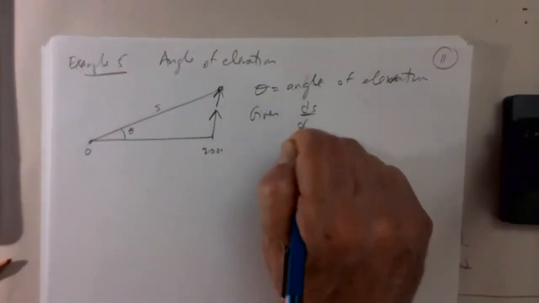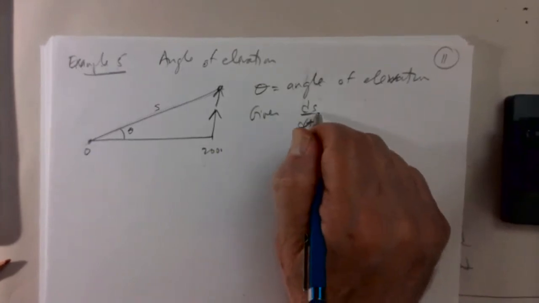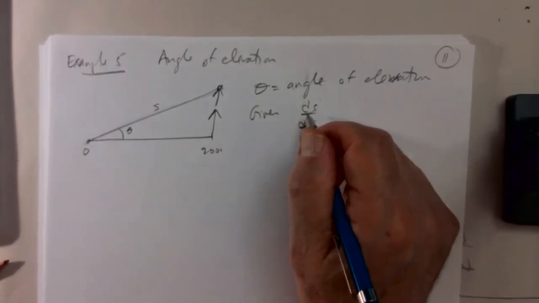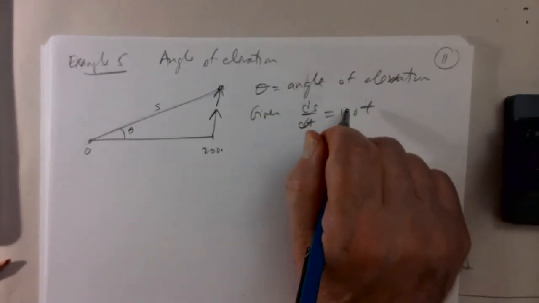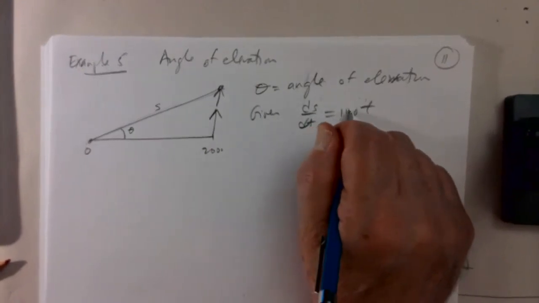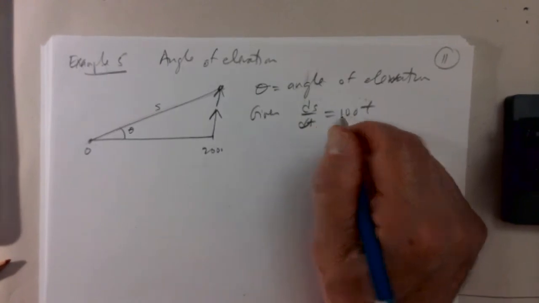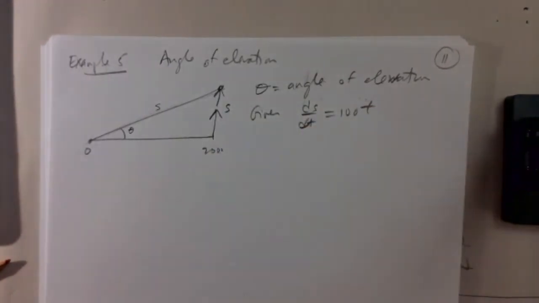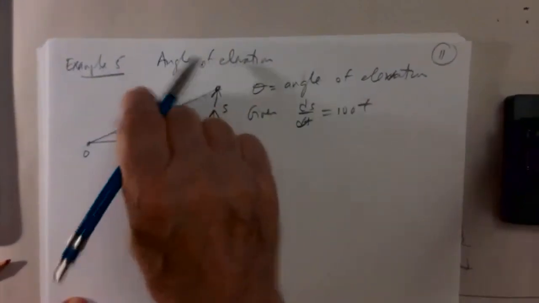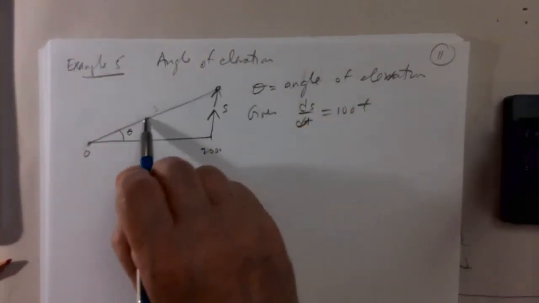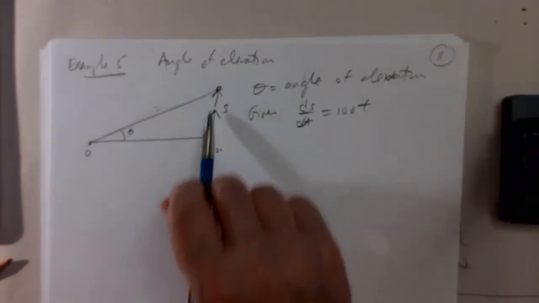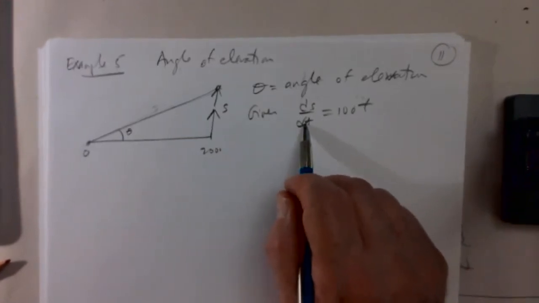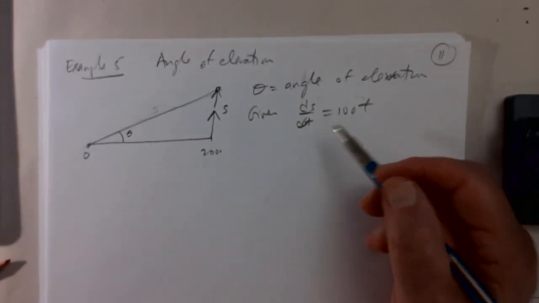Sorry, the height of the rocket is s. That's what we're doing. So the rocket is shooting up into space. At time t, its height is s above the ground, and it's going faster and faster and faster. ds/dt is 100t feet per second.